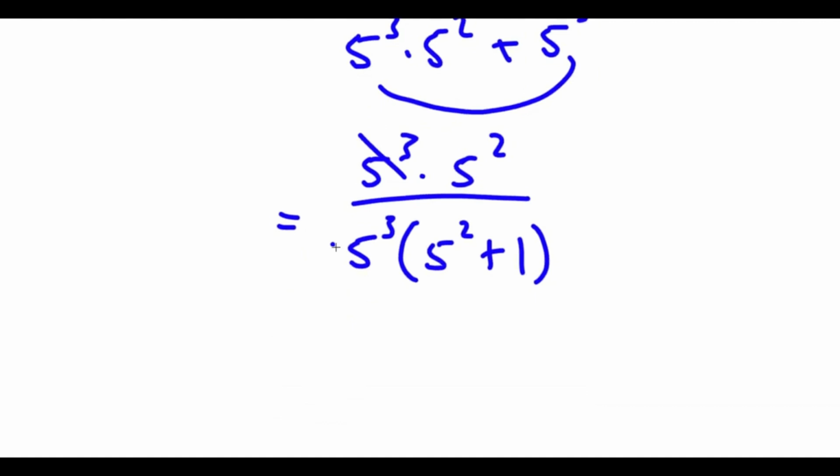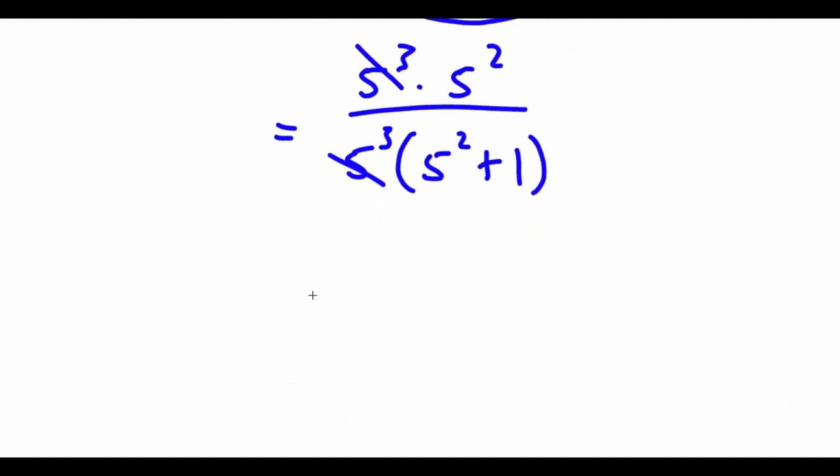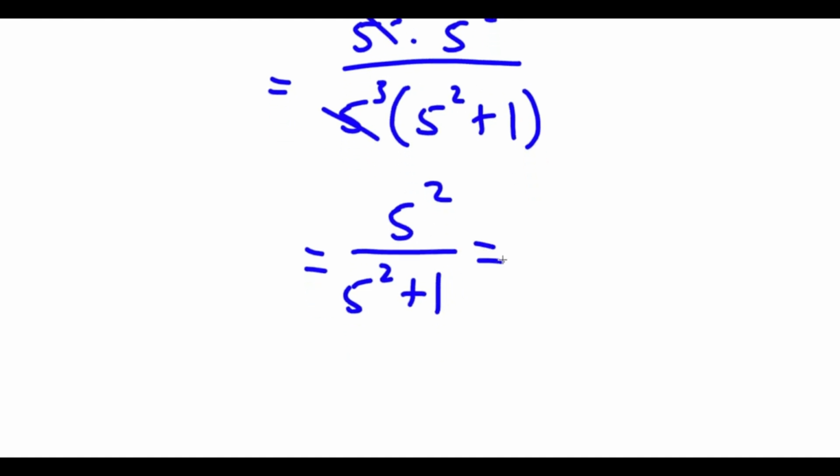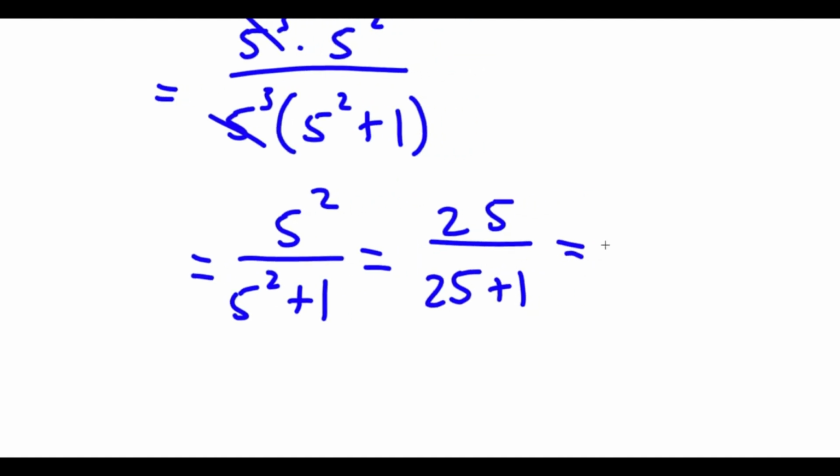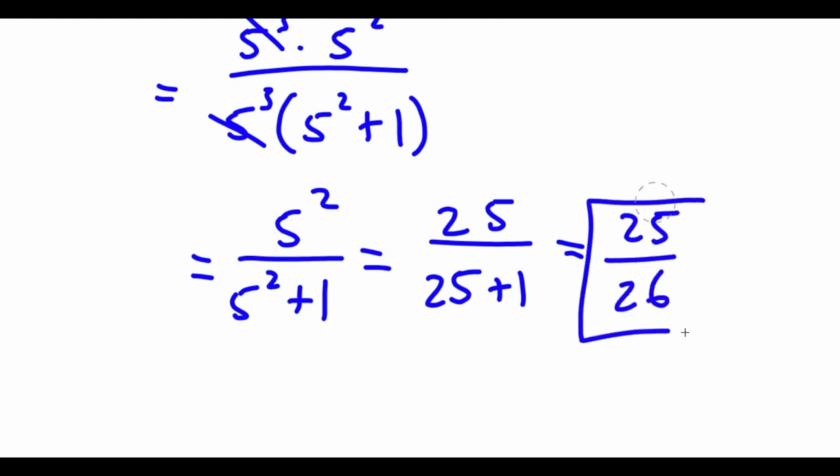Now these two 5 to the power of 3's can simply cancel out. So I'll be left with 5 to the power of 2 over 5 to the power of 2 plus 1. Now 5 to the power of 2, this is equal to 25, over 5 to the power of 2 plus 1, this is 25 plus 1. 25 plus 1 is 26, so I have 25 over 26. And this is my answer.